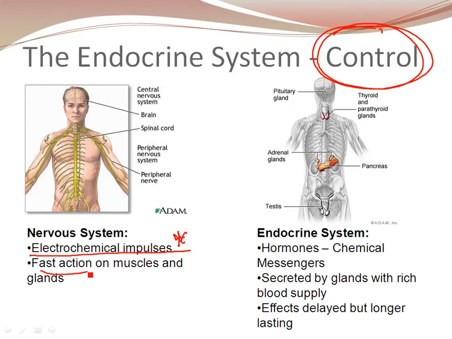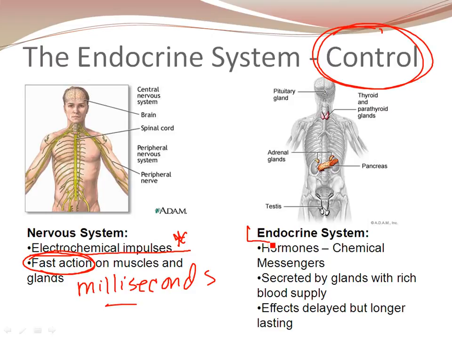Another key feature of the nervous system: fast acting. When the nervous system decides to do something for you, those effects can occur within milliseconds. Think about your heart rate increasing due to stress. That happens almost immediately without you thinking about it.